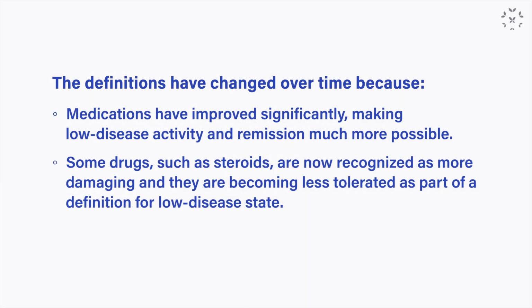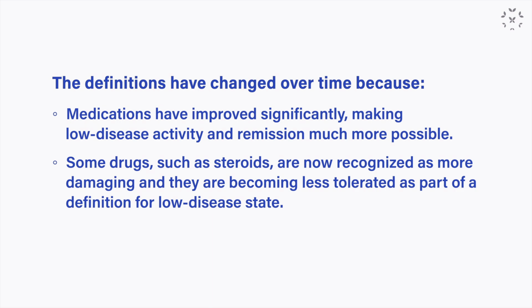Back in the 1990s, most of our patients could not get into remission, and most of them required lots of steroids. So the definition of remission was very different back then than what it is today. The same thing goes for low disease activity. In addition, research is showing that some drugs are just not good for our patients. For example, steroids. More recent studies show that even doses less than 5 milligrams a day increase the risk for side effects.